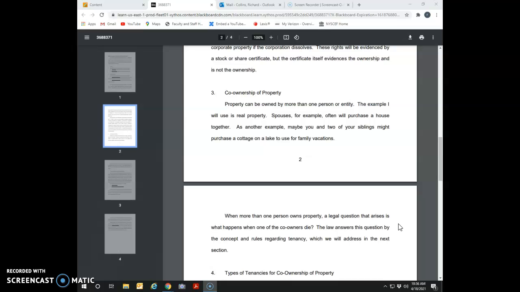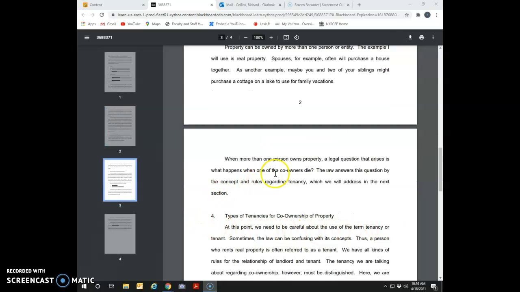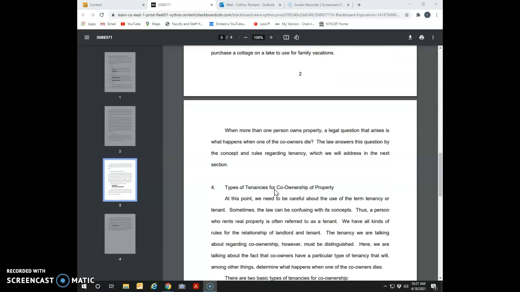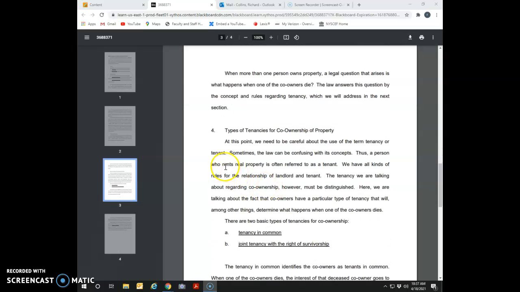And so what we would need to do is understand what the rules are regarding co-ownership in the event of death. And the law, I think, loves to throw confusion into terminology. And so the law addresses co-ownership by looking at the concept known as tenancy, T-E-N-A-N-C-Y.